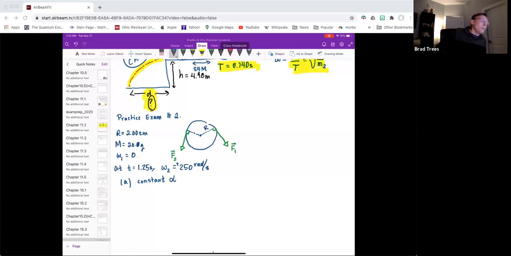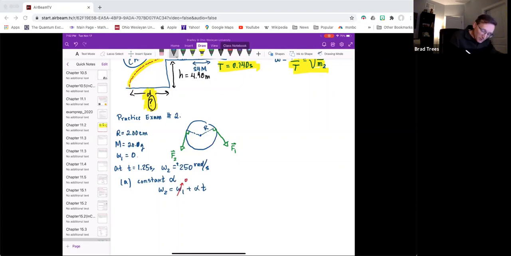So we get to use the constant angular acceleration equations. I'm going to use the first one: omega final equals omega initial plus alpha t. That's constant angular acceleration equation 1, relating angular velocity, angular acceleration, and time. Now, omega 1 is 0.